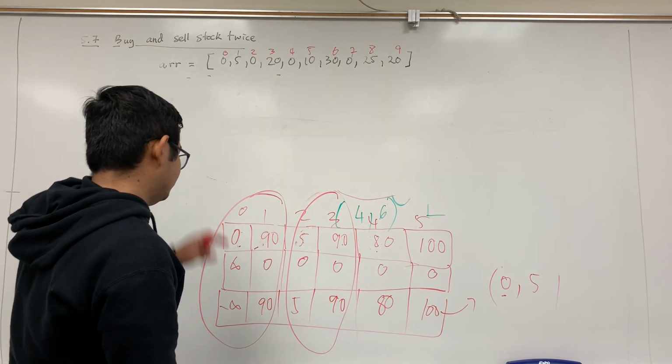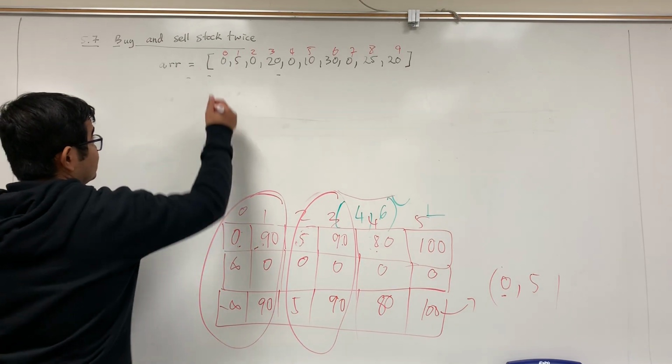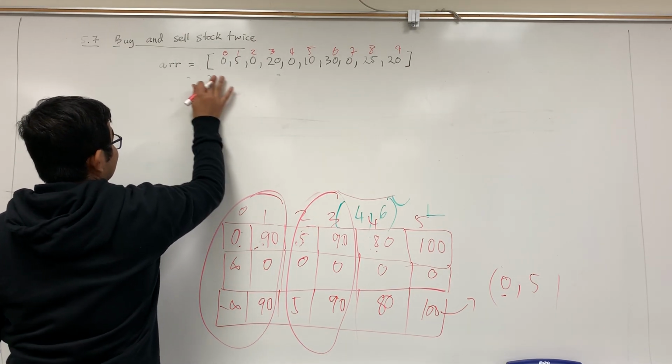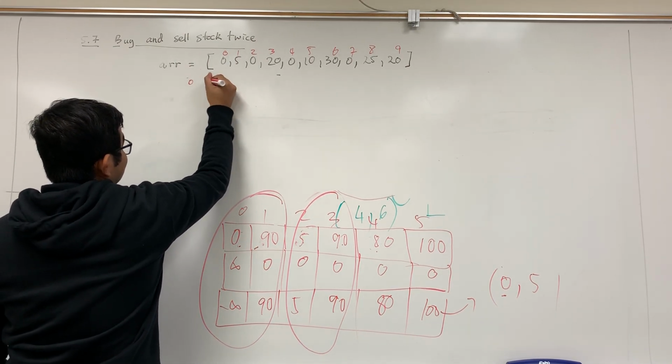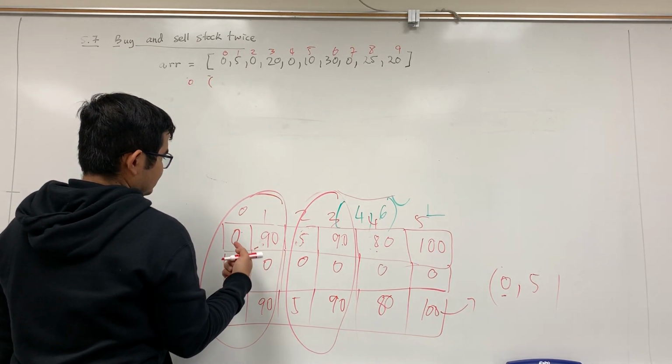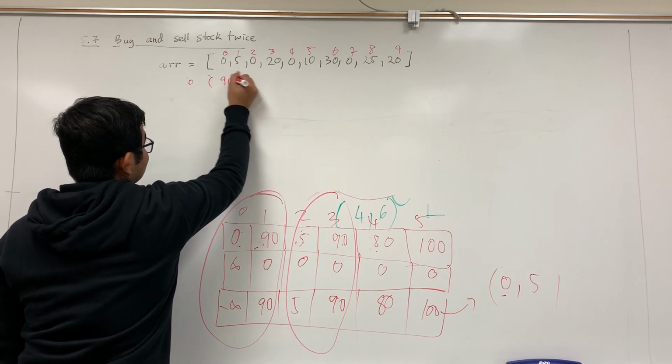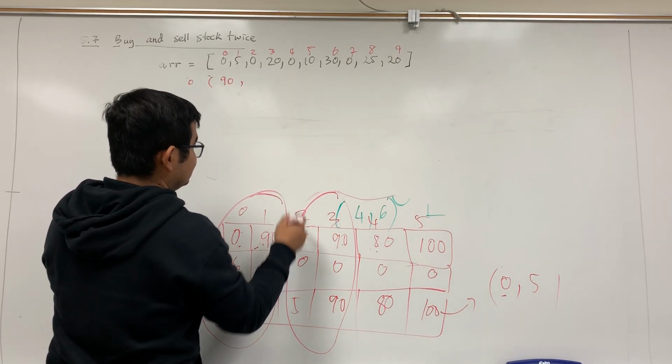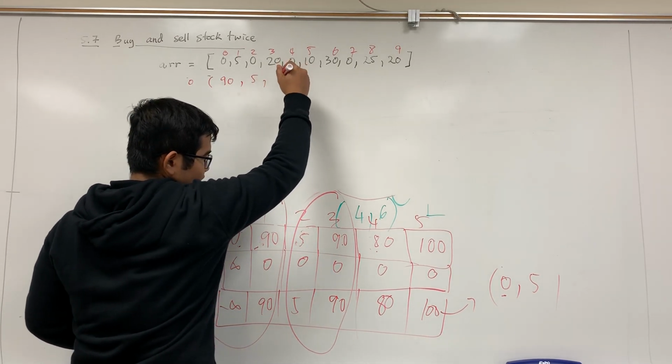Right, so let's generate all those lists. If I buy at index 0, I would get 90. So I will have a profit of 90 and then 5. So basically it's everything.